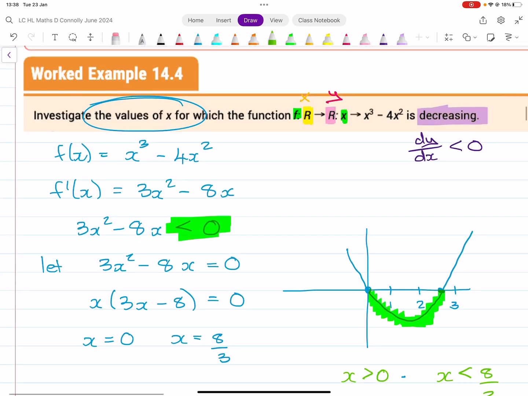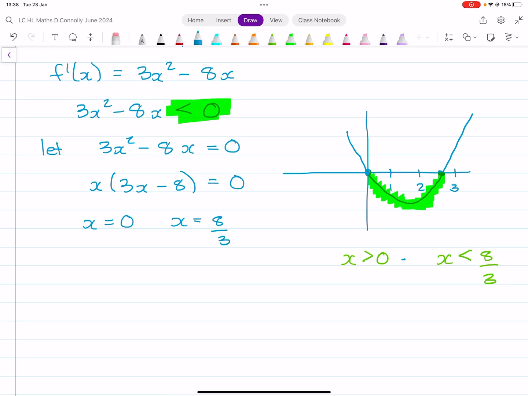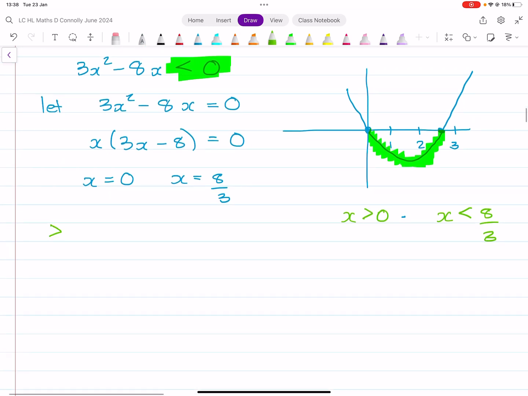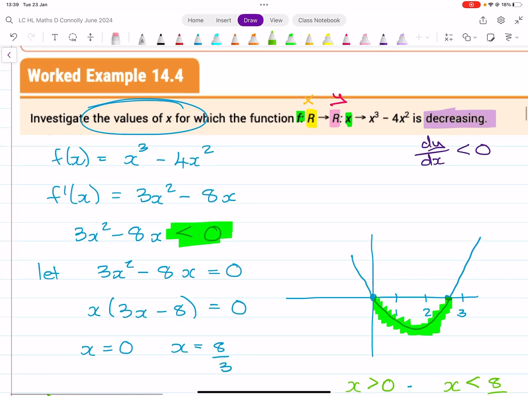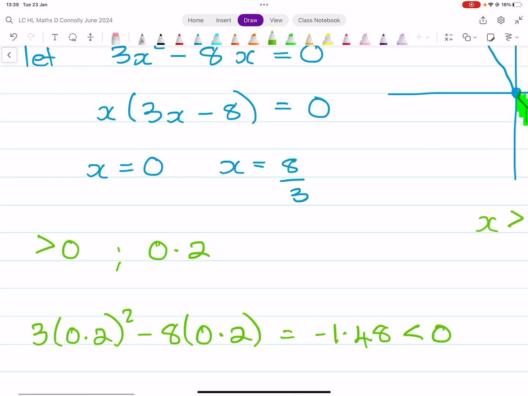So if we sub those values in, greater than 0, let's use 0.2. If you sub 0.2 into the slope, 3 times 0.2 squared minus 8 times 0.2. You don't have to do this part, I'm just trying to see if it works. So I get minus 1.48, which is less than 0, which is what we wanted, because we want it to be decreasing.